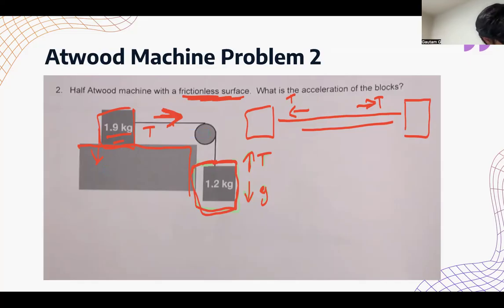And since we only have one force, and we know force is equal to ma, that means the force is equal to T, right? So it's just T equals ma, correct? Does that make sense?